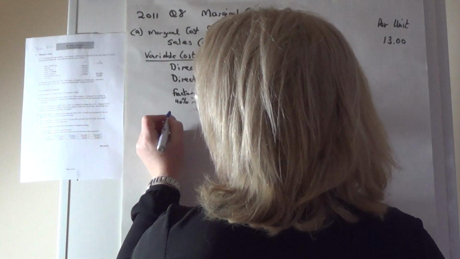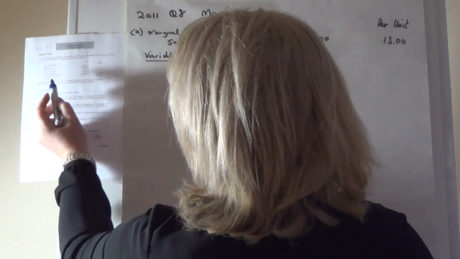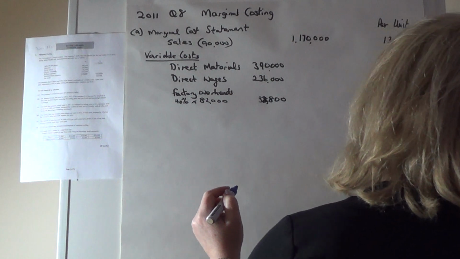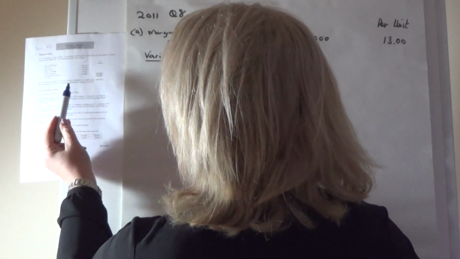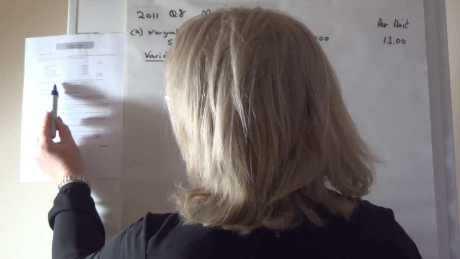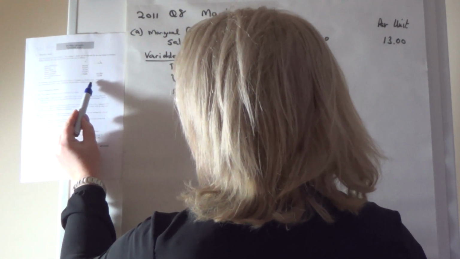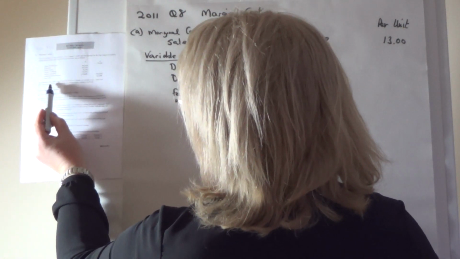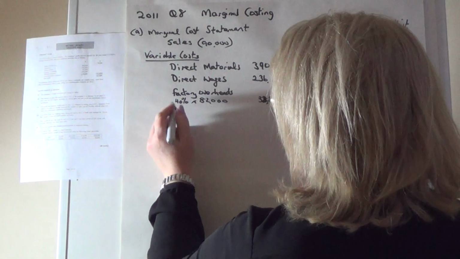And the selling expenses are 105. But you were told that apart from sales commission 5%, the selling and administration expenses are fixed. So it's just the sales commission part at 5% on sales that we want to get for here.